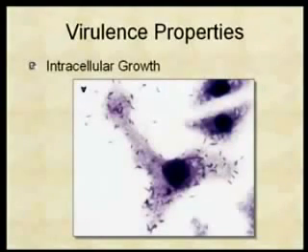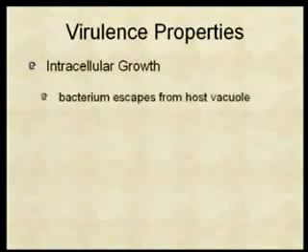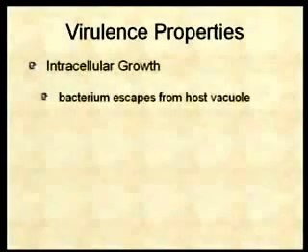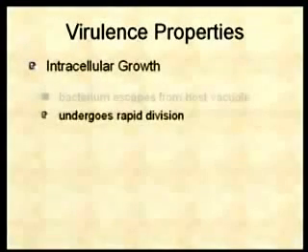There will be interferon gamma produced, there will be TNF produced, and that will in turn activate macrophages, and those activated macrophages are going to kill the organism before it escapes from the phagosome and divides there. Okay, the bacterium escapes from the host vacuole, the phagosome, and undergoes rapid division.